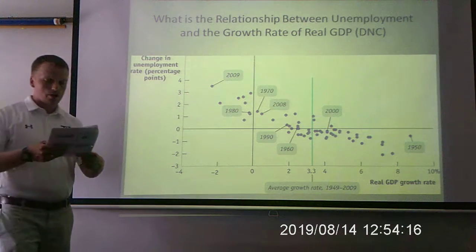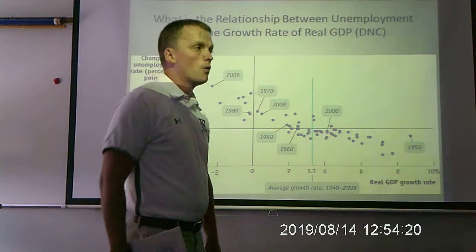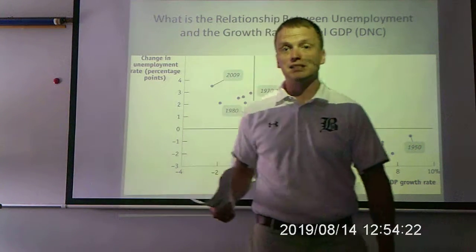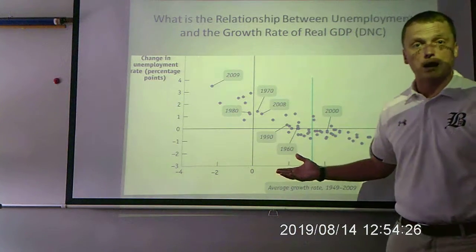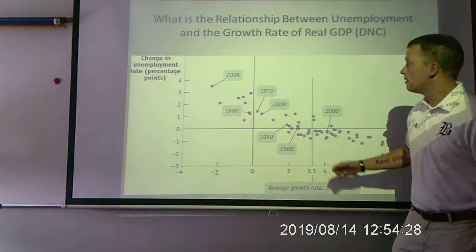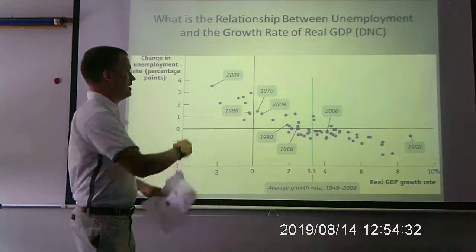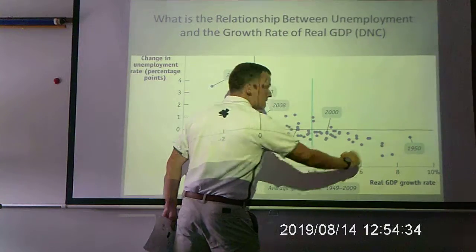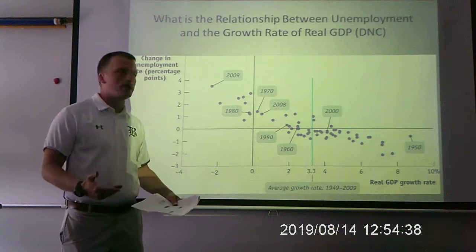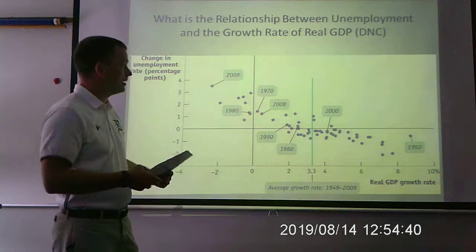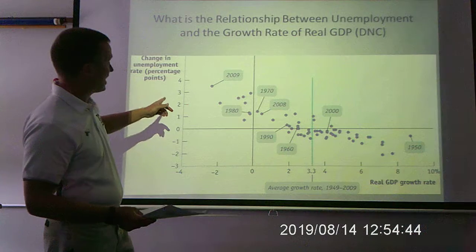Okay. So what is the relationship between unemployment and GDP? What would you imagine? Is this a positive or a negative relationship? We've done enough graphs that we can probably figure this out. Well, we see with the trend, negative sloping, that's going to be a negative relationship between economic growth and unemployment.